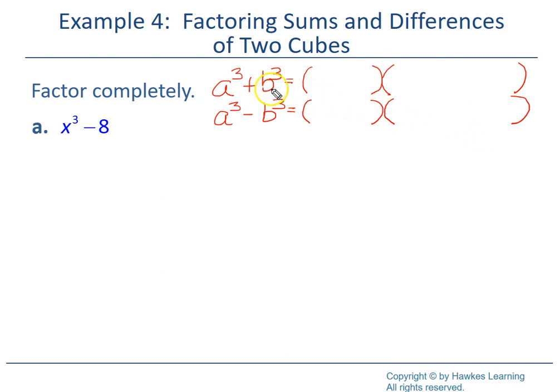Now, the next part of the rule, or the recipe, is whatever sign is here, between the cubes, you're going to put that sign there. And for the difference, the same thing. Whatever sign is there, you put here.